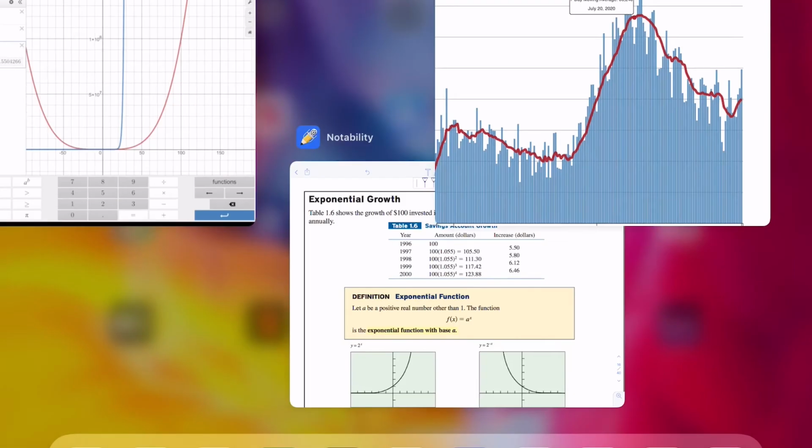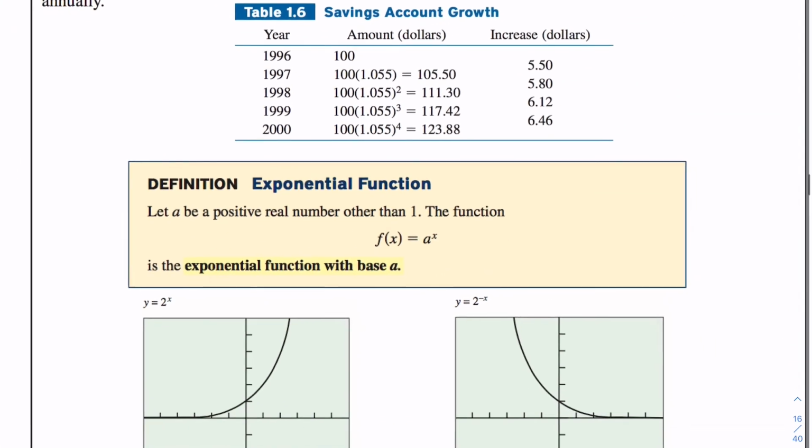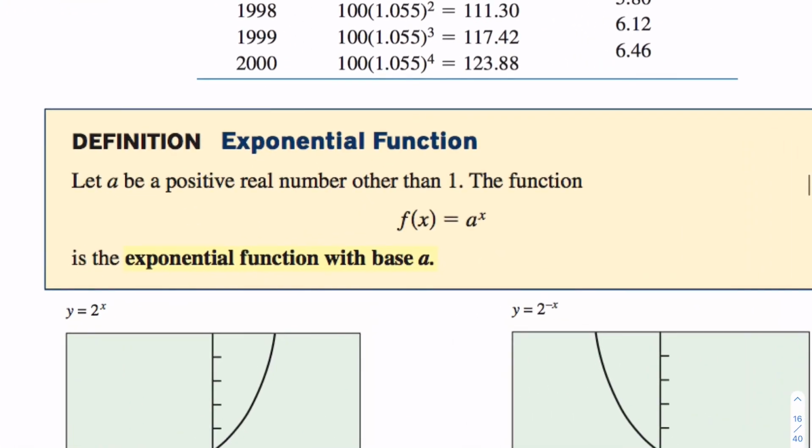Okay, so enough of exponentials, but those are exponentials in the real world. They are represented by a base to a power. So in this case, a is our base, and x is our power.